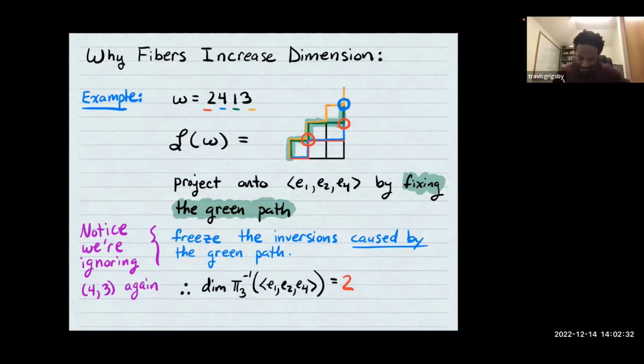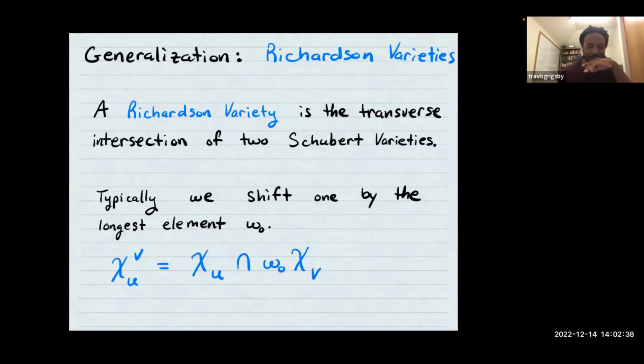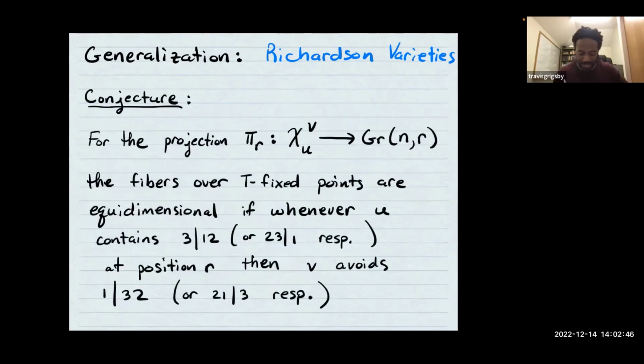The idea is ultimately I want to project from Richardson varieties, which are intersections of two generic intersections of Schubert varieties, and I want a way of describing all of that.